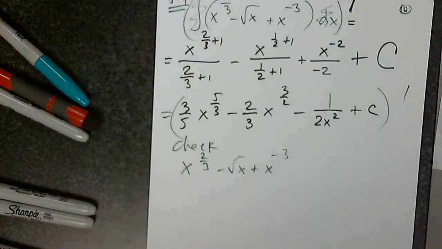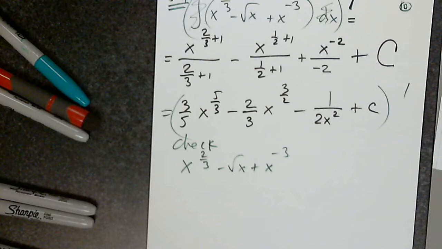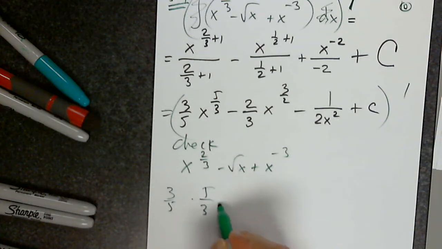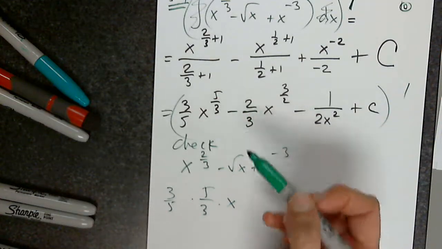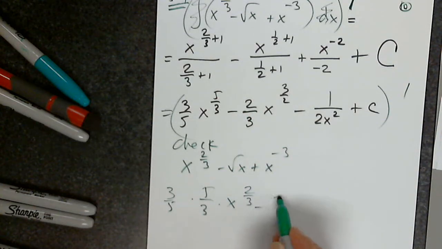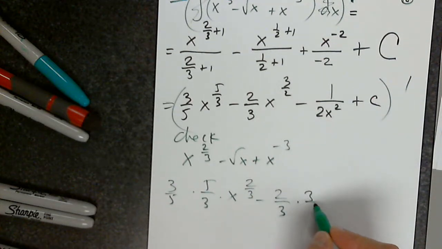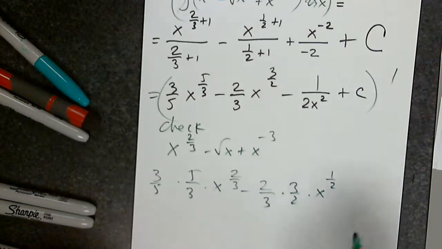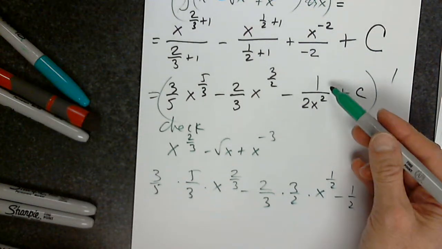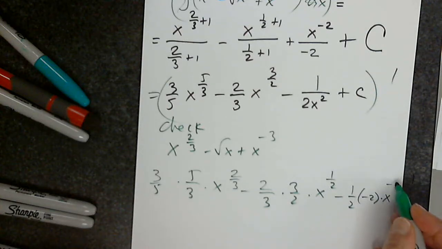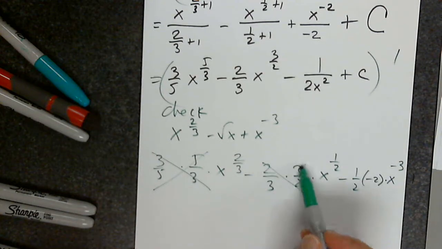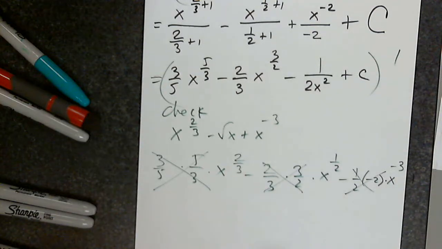Now I'm differentiating the right-hand side to check and see that I get the same thing. 3/5 times 5/3 times x to 5/3 minus 1, which is 2/3, minus 2/3 times 3/2. x to 3/2 minus 1 is x to 1/2. And minus 1/2, this is x to -2, -2 times x to -3. And the constant prime is 0. So these are 1, these are 1, and these are 1.